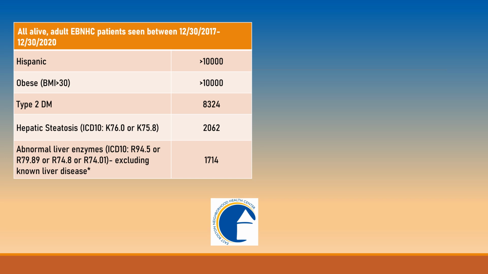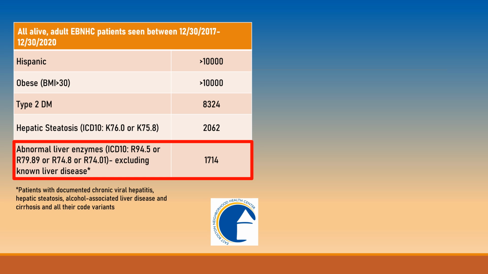So this reminds me of an internal audit that we did at EBNHC a couple of years ago. We looked past the patients with metabolic syndrome or even a diagnosis of steatotic liver disease and instead focused on those that were given this diagnosis of non-specific hepatitis.